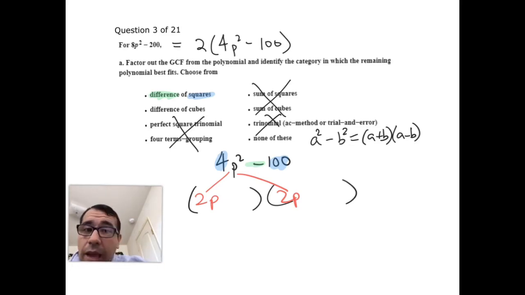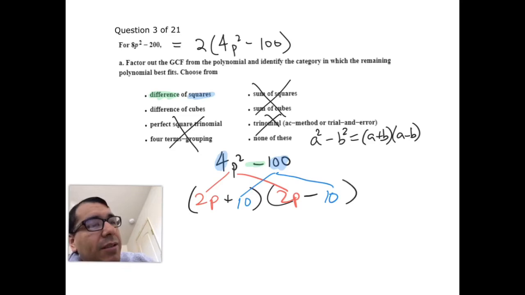Instead of p squared, take half of the squared, so 1. And then we have 100. Well, what's the square root of 100? Good. You're left with 10 times 10. And what you want to look at is our signs are always one's a plus, one's a minus, and the order never matters.